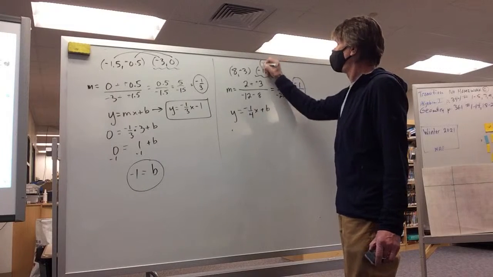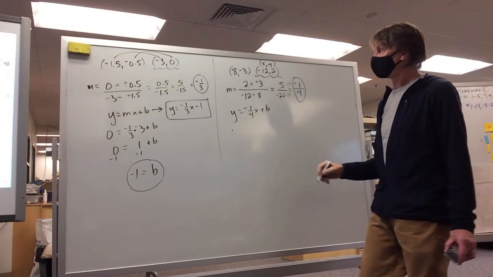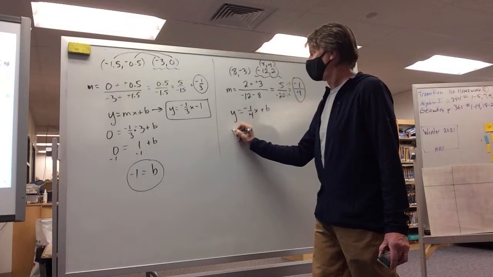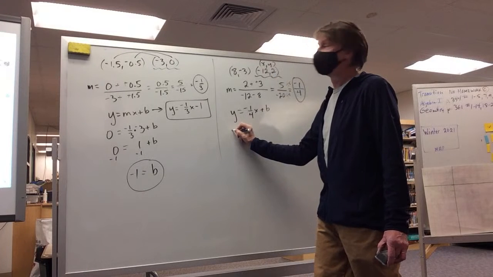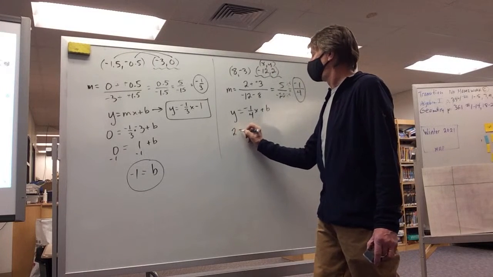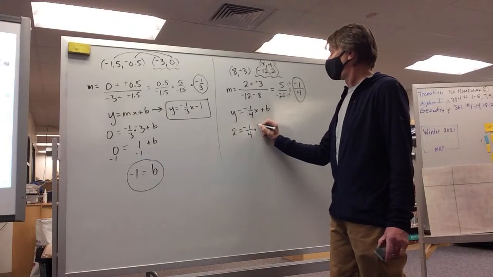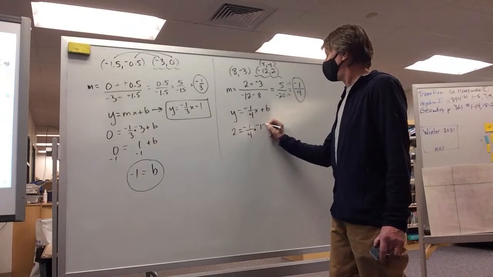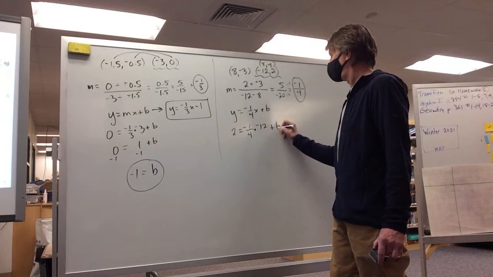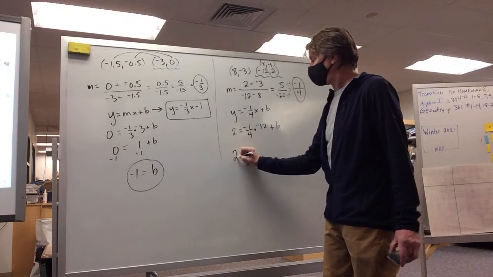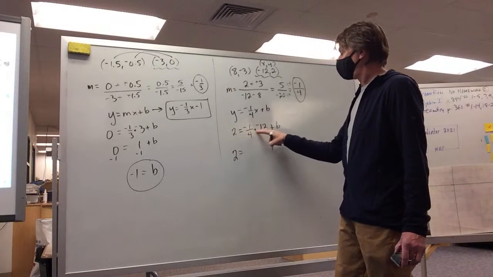These are points on a line with x and y values. So we should write 2 equals -1/4 times -12 plus b. Okay, then we have to simplify. 1/4 times 12.